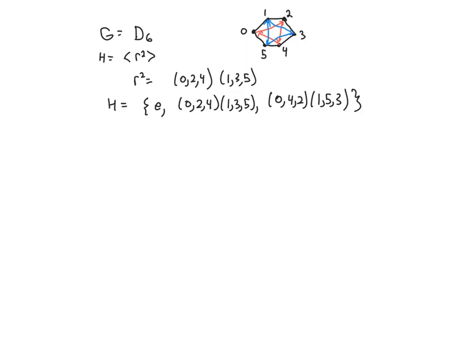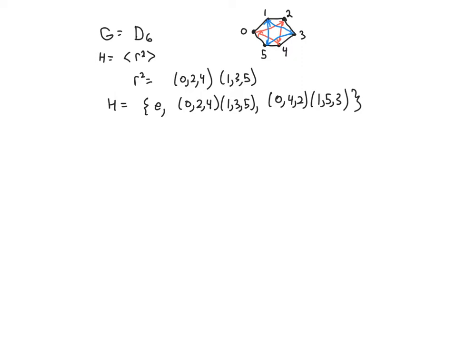I state that because sometimes one can get lost looking at the notation, and sometimes students can make mistakes and put commas when there shouldn't be. So if I put a comma between 2 3-cycles here, that would indicate that these are 2 separate permutations, and that would be wrong. So this is my subgroup.